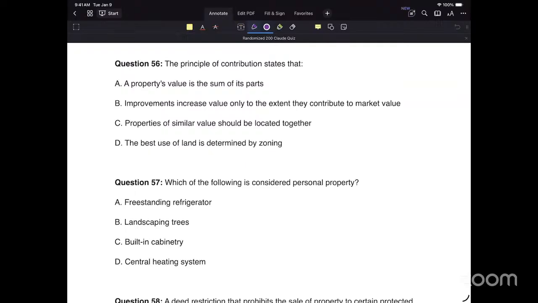So what do we know? We know that there are some principles of value, like substitution, anticipation, progression, and regression. There are all of these principles of value, which is us saying this is how we assume value works.